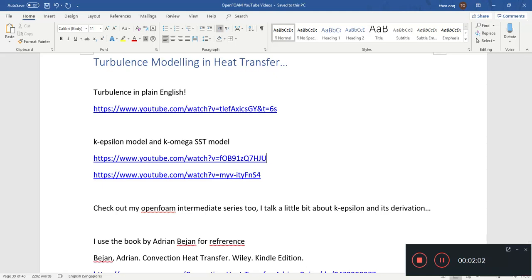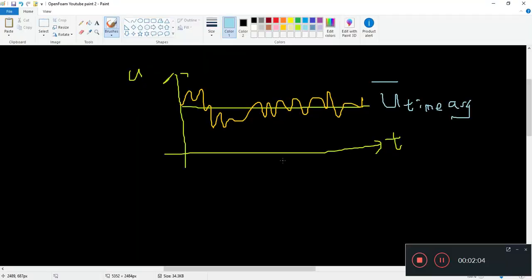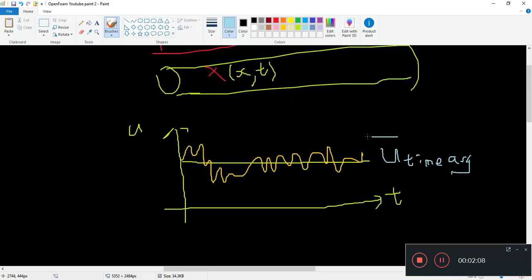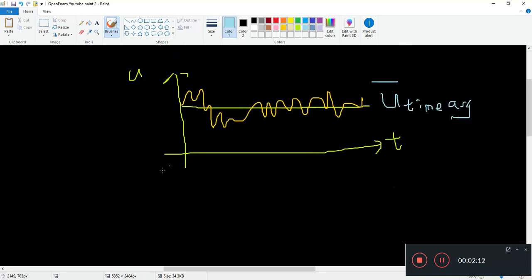The net effect is that it's a very good model because it saves a lot of computational power. Just a recap, the only thing that differentiates the time average mean velocity from the actual velocity is this u prime.